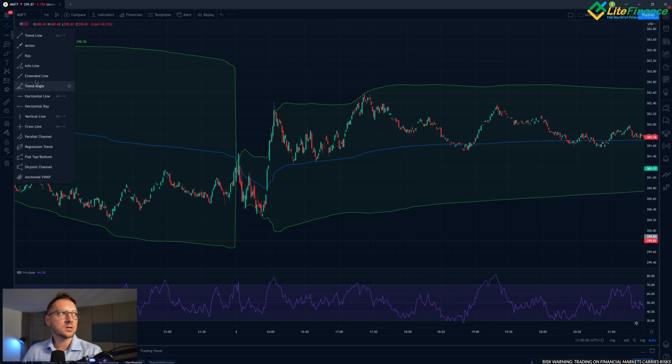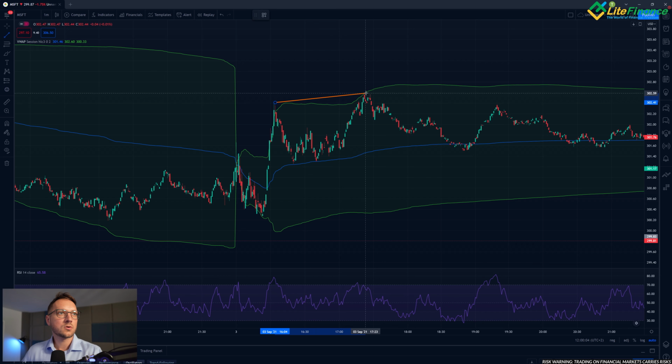If we draw the trend line, you will see that there is a divergence. The price is going to the upside, while the RSI is going to the downside, meaning that the price is losing its momentum and it is time to take the counter trade.